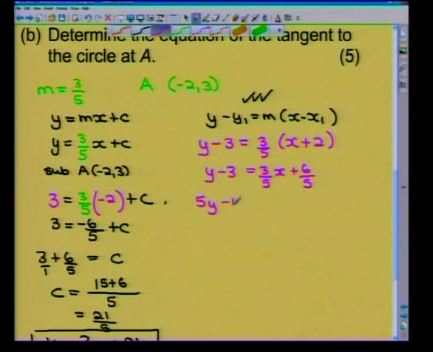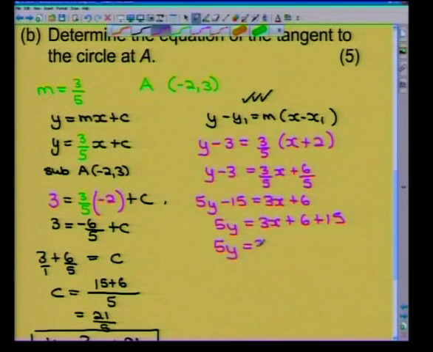So 5y minus 15 equals 3x plus 6, which means 5y equals 3x plus 6 plus 15, which means 5y equals 3x plus 21. And you can see we've come up with the same equation, just so much easier.